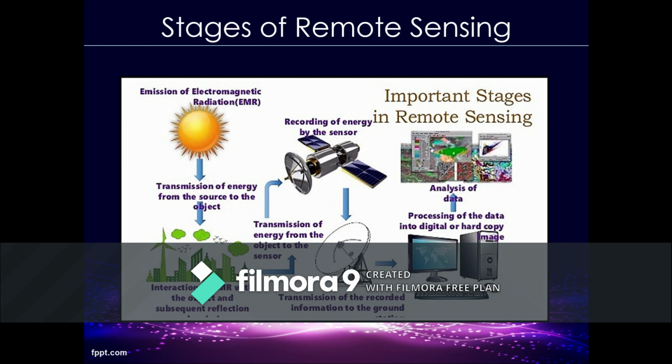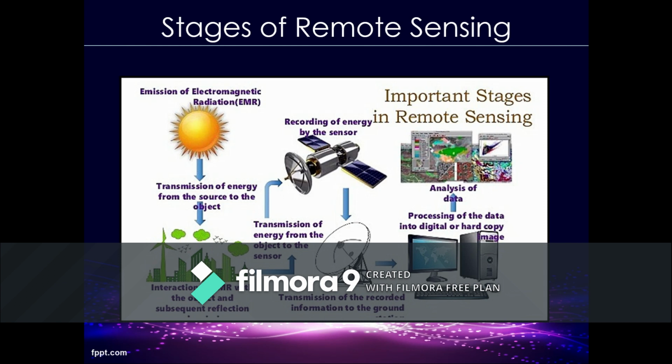And the fourth is transmission of this reflected or emitted energy to the sensor. The next one is the detection of energy by the sensor, converting it into photographic or electrical output. Next, transmission or recording of the sensor output. Next, pre-processing of data for generation of the data product.